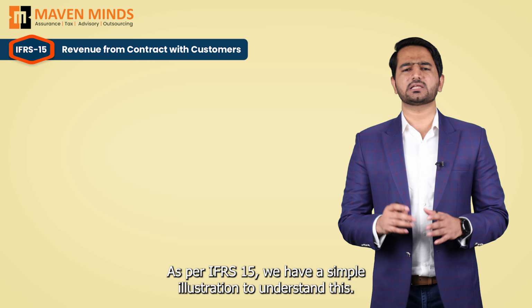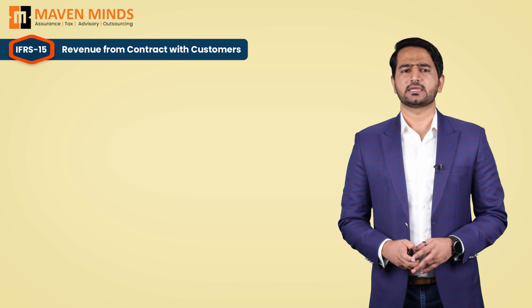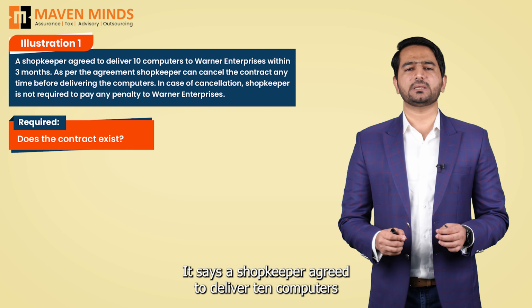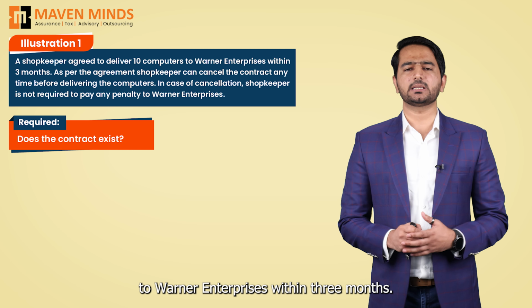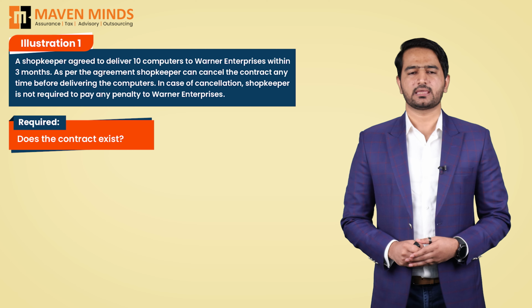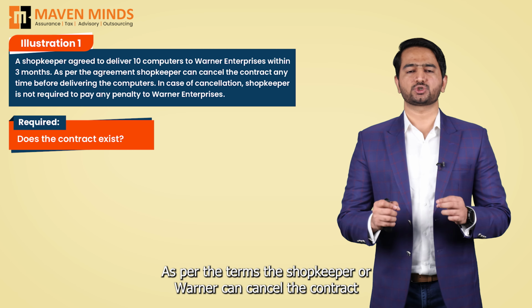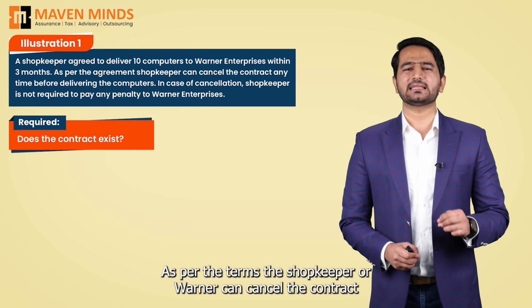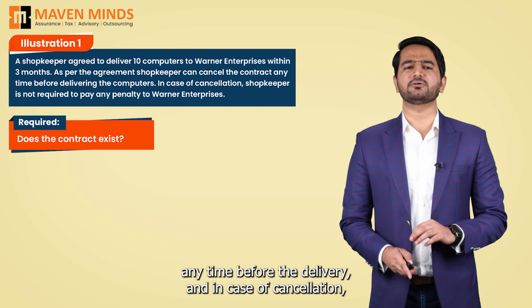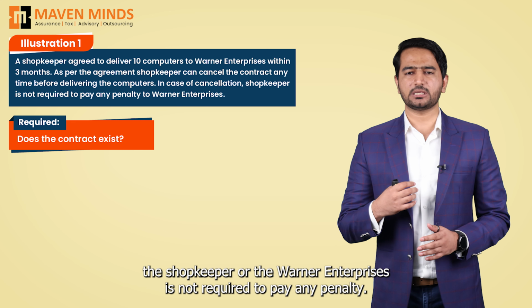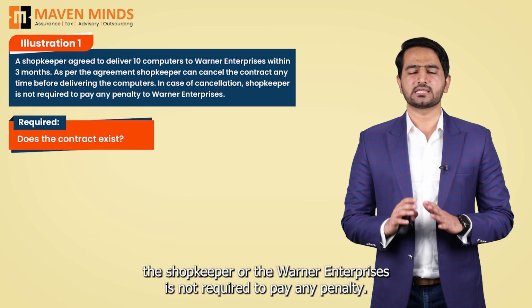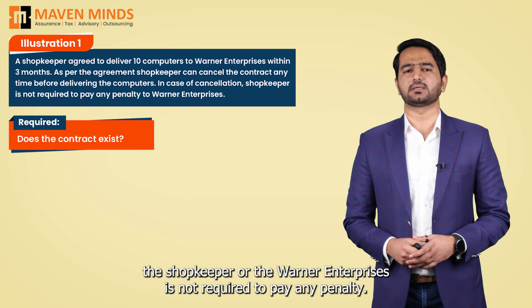We have a simple illustration to understand this. It says, a shopkeeper agreed to deliver 10 computers to Warner Enterprises within 3 months. As per the terms, the shopkeeper or Warner can cancel the contract any time before the delivery. And in case of cancellation, the shopkeeper or Warner Enterprises is not required to pay any penalty.